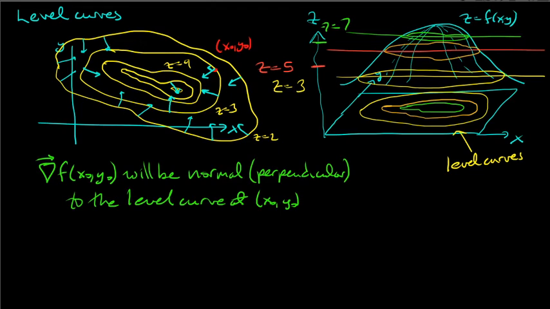Well, remember, if you're on a level curve here, let's say z equals 5, at this point right here on the surface, which direction do I want to go if I want to go in the steepest direction possible? If I want to go straight up the hill, I want to go in this direction, right? Because if I go in any other direction, if I go in this direction, I'm just going around the hill, not up or down. I'm just basically going along the level curve.